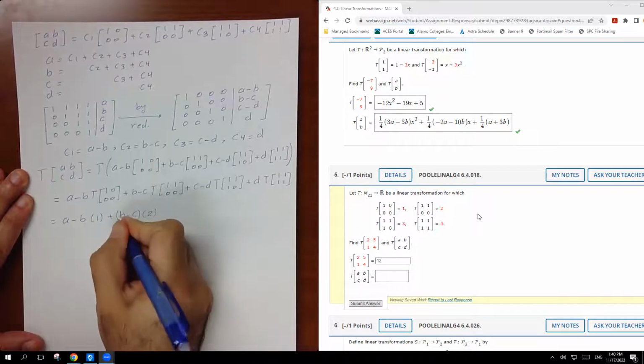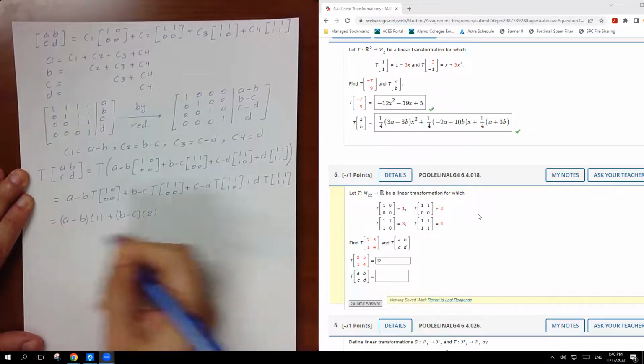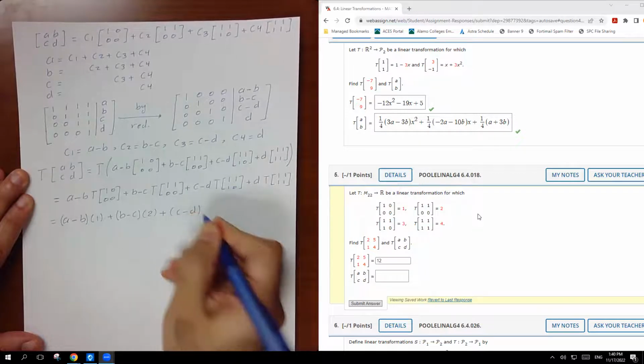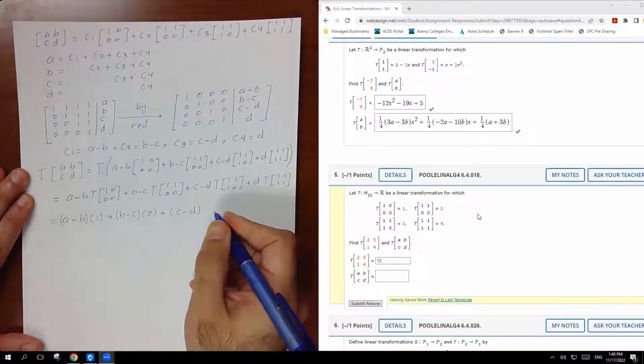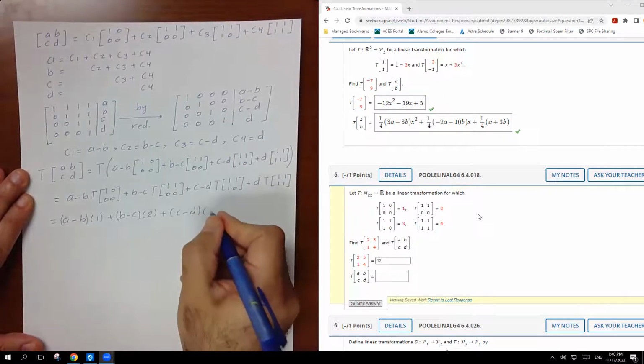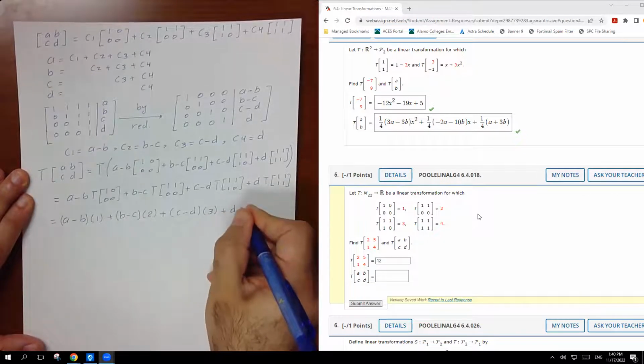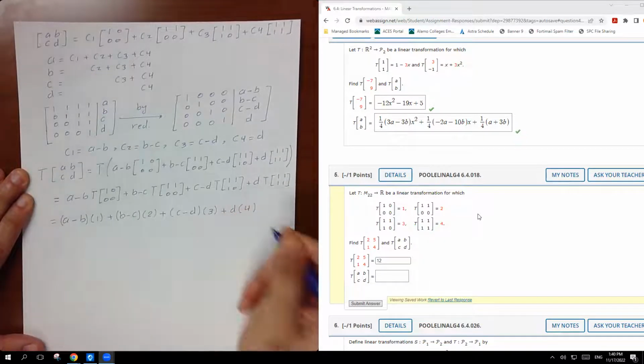So that means here is multiplication, and the same thing here. Plus C minus D, the transformation for the third matrix, which equals 3, plus D, the transformation for the fourth one, which equals 4.